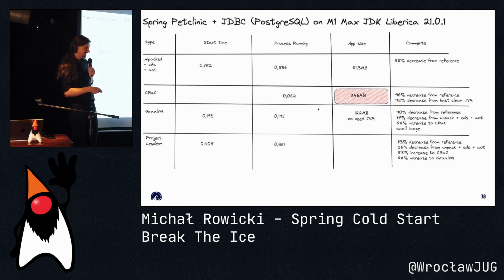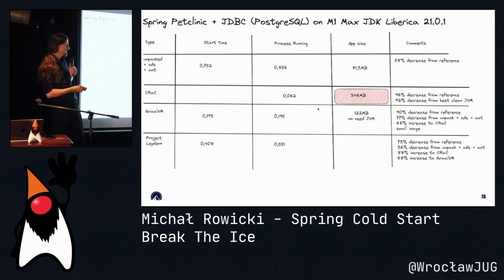And currently, only Azul and Liberica produce images for CRaC. And if you can, you should go that way. Fast startup time, small image, really small, no need of the JVM, just a thick layer.